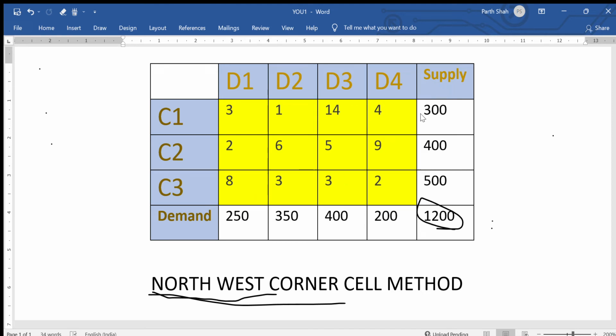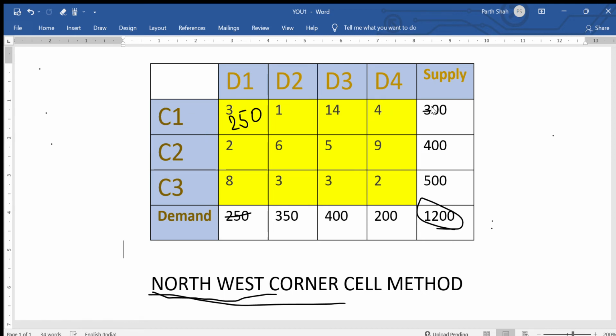The demand is completed by this supply, so 250 is exhausted, and we allocate 250 units to destination 1 through company 1.